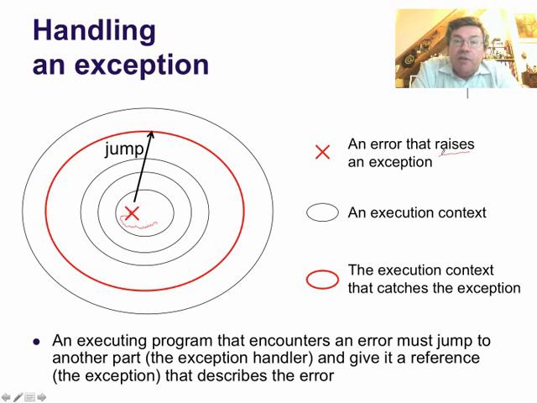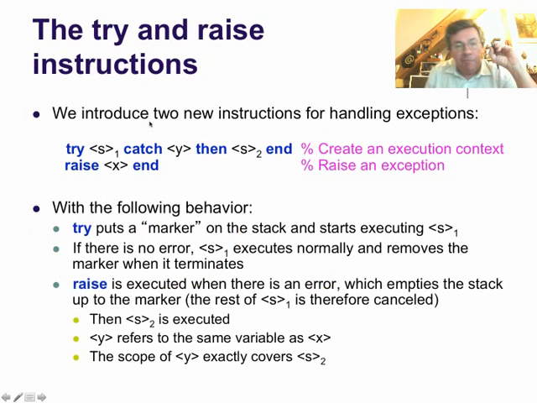This triggers the exception handling mechanism, and we will jump to the nearest enclosing execution context. These three contexts have no handlers, so we will jump to the fourth one, which does have an exception handler. It will get a reference to some information telling us what the error is, and it will recover. It will do something to fix the error. Okay, so that's the idea.